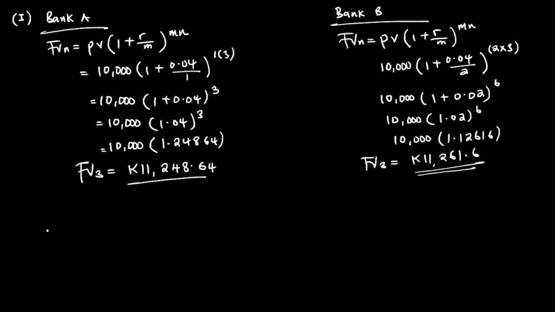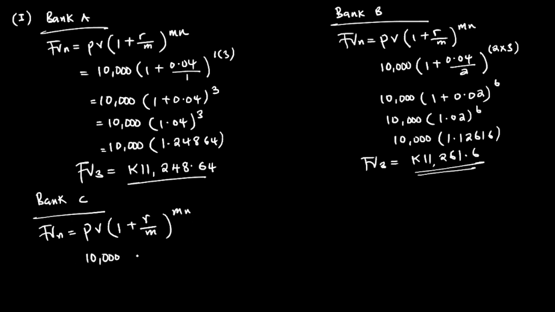Okay, we continue as we go to bank C. Future value is equal to present value times 1 plus R over M, to the power MN. Of course, our present value is 10,000, 1 plus 0.04 divided by 4.